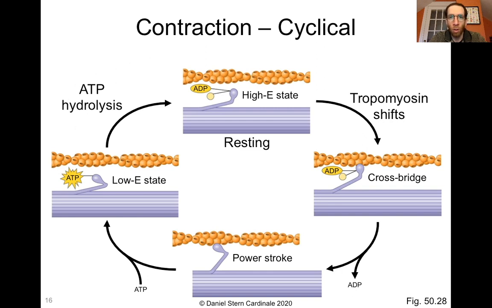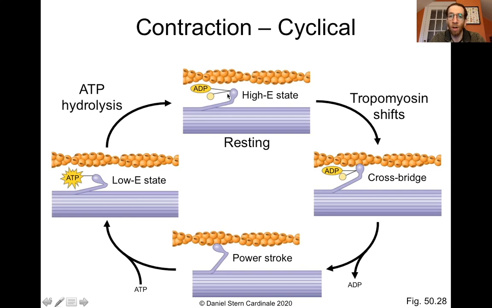One more interesting note about this is there's a bit of a disconnect between where the energy is used and where the ATP is actually letting go of its energy. So what we have here in the low energy state, with all of our potential energy, is in the ATP. When the ATP hydrolyzes, it shifts the myosin into the high energy state.